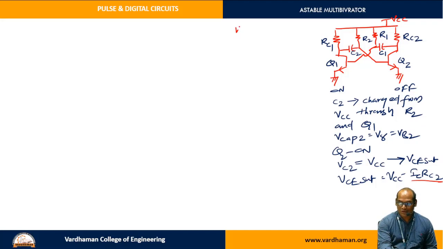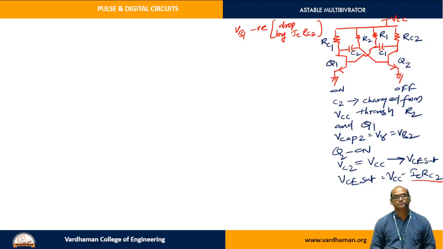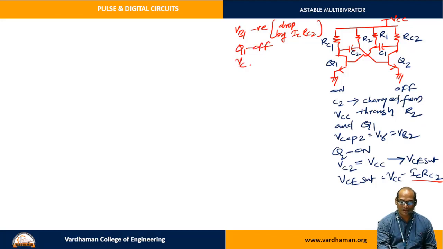So VB1 will become negative because of the drop. Drop by how much amount? IC into RC2. It is becoming negative means Q1 will become off. When Q1 is off, VC1 will become VCC, because for the off transistor, the collector voltage in this circuit will become VCC.